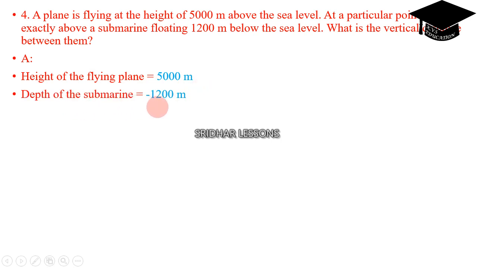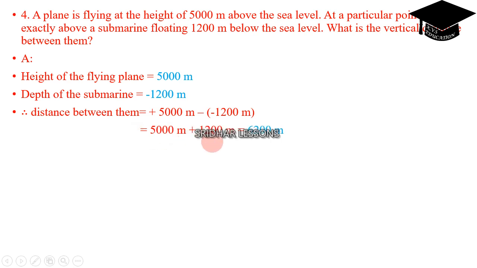Depth of the submarine is, it is below, so its value is minus 1200 meters. Therefore, the distance here is 5,000 minus of minus 1200 meters, which is equal to 5,000 plus 1200. This is equal to 6,200 meters. This is the distance between them. We can call this the vertical distance. The vertical distance is 6,200 meters.